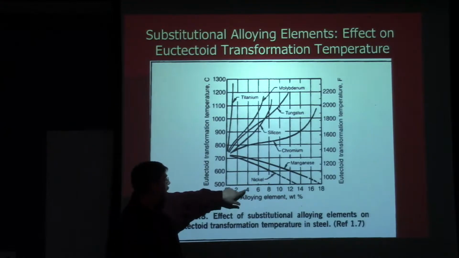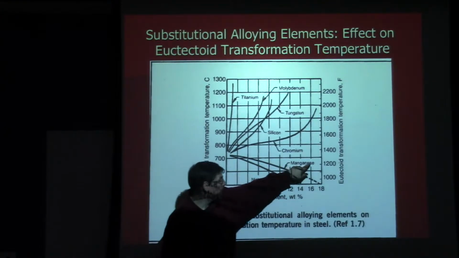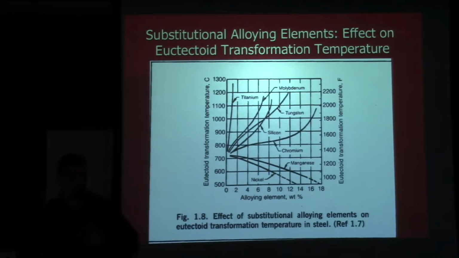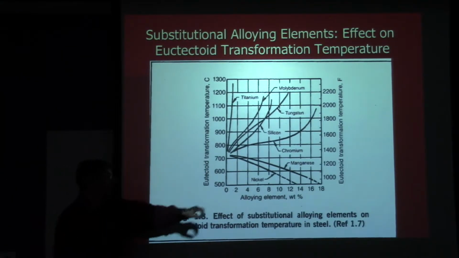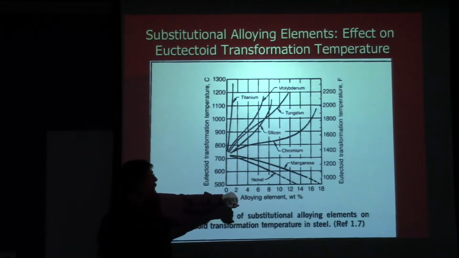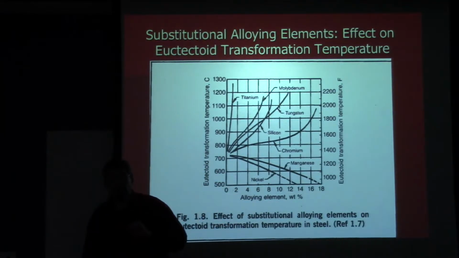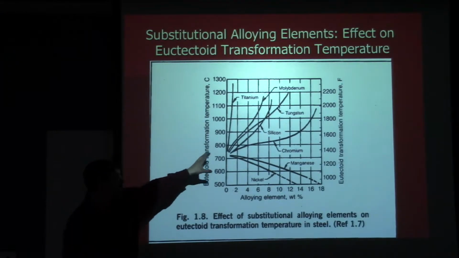If I put in, let's say, 6% of nickel, and read over here, that would change my eutectoid temperature from 1333 to approximately 1200 degrees. That's a very significant change. And I can see what the effect is for nickel at up to almost 14%. And I can look at any of these other elements and see what kind of a role they would have, right?